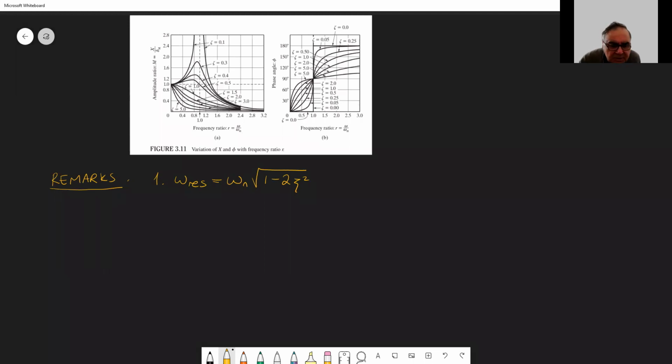And don't mix this up with the damped natural frequency. Omega d is omega n root 1 minus zeta squared, okay? They are different.